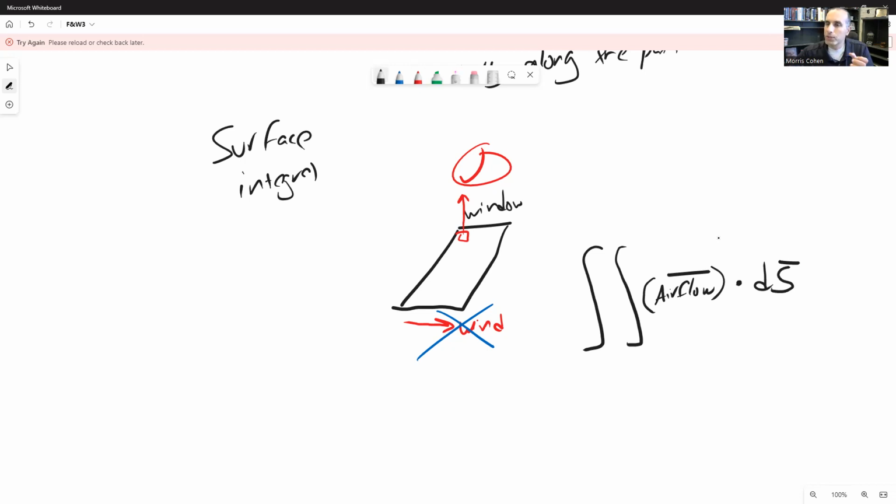S is basically a small representation of surface area. Since we're taking the flow in one little square within this window, and we're integrating all of those little pieces, all those small scale contributions are going to add up to give us the total flow of air. So in this case, dS is going to be a vector that is through the surface.